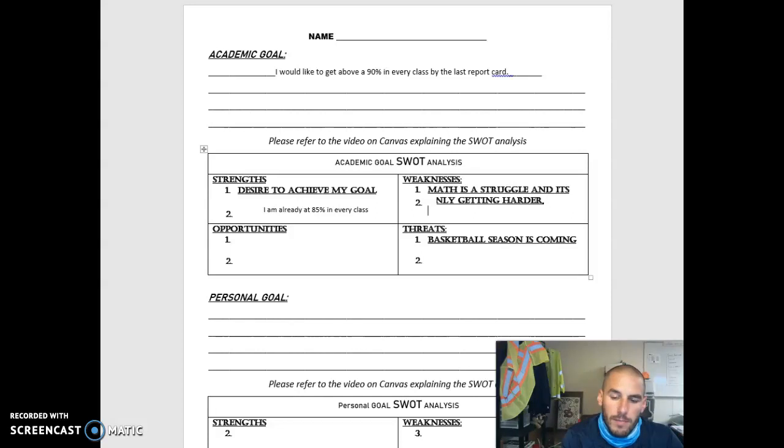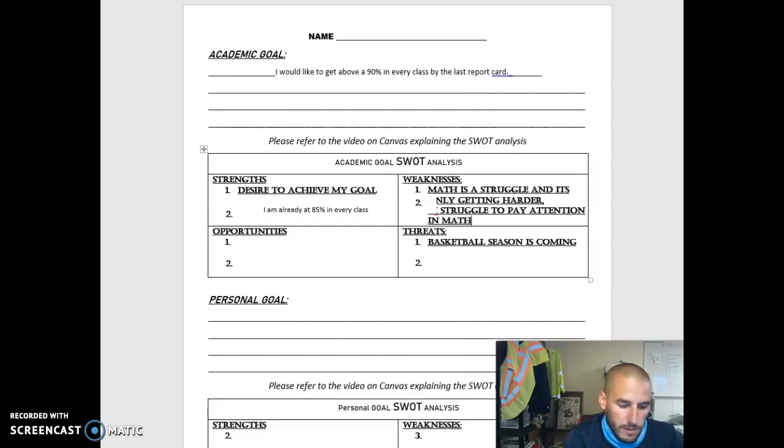Another weakness might be, I struggle to pay attention in math. So not only is it getting harder, you know that you're struggling to pay attention to math anyways. So what are our opportunities? Those are weaknesses. Now what are our opportunities?